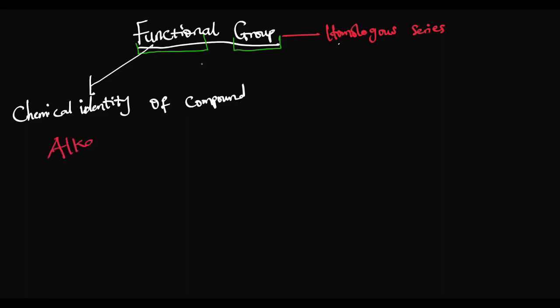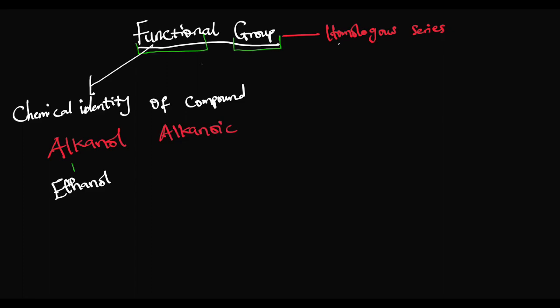So alkanol, we all know that this is an organic compound, isn't it? The first member under this group is what? Who can guess that? Ethanol, correct. Let's also consider alkanoic acid alongside.